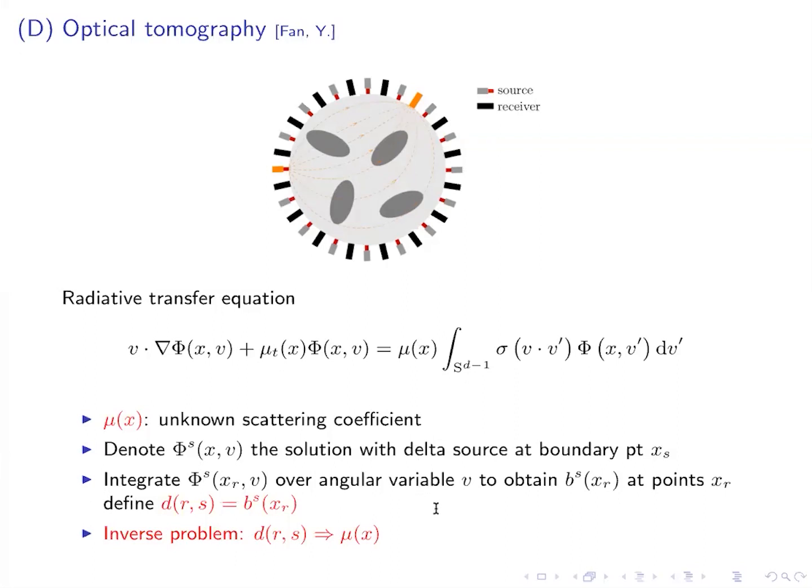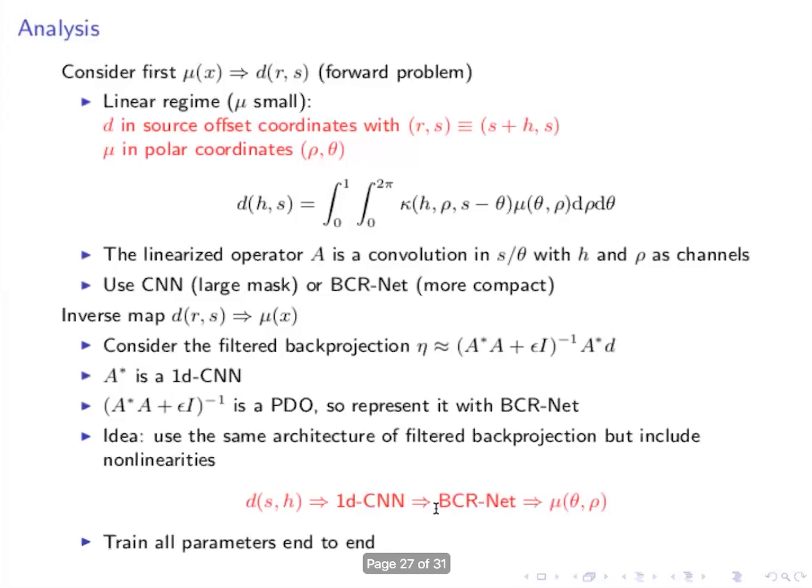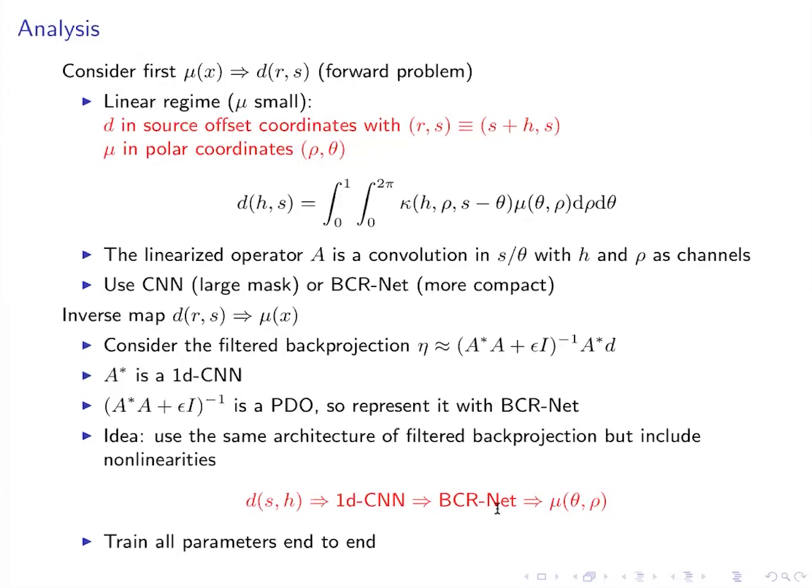In fact, the analysis is fairly similar to the travel time tomography. In the linear regime, the math is slightly more complicated. If you're interested, you can take a look at our paper. But at the end, due to rotation invariance, this albedo operator can be written in terms of source and offset coordinates, where the offset is the difference between receiver and source.